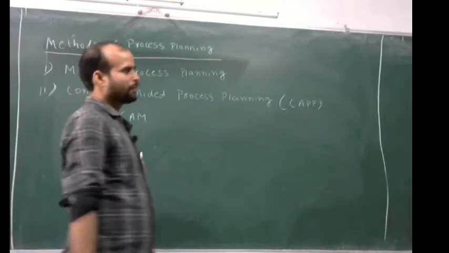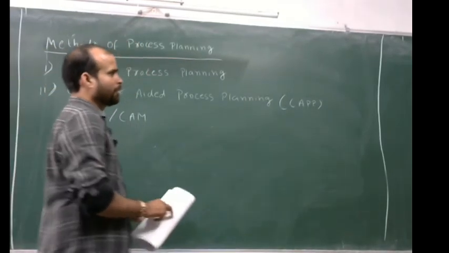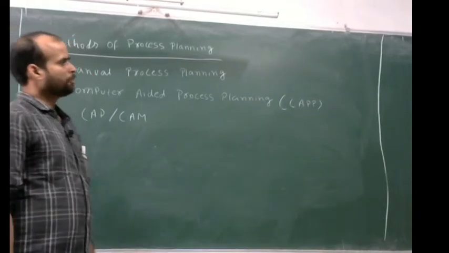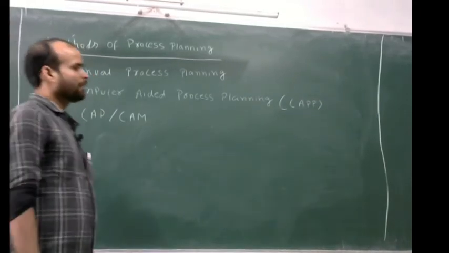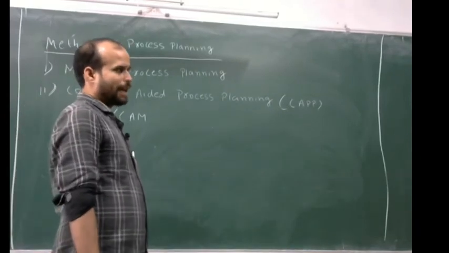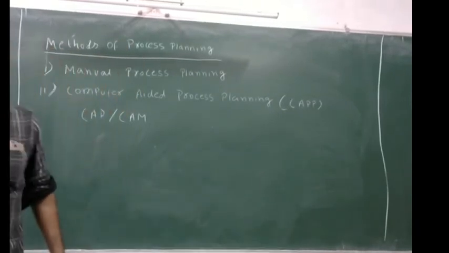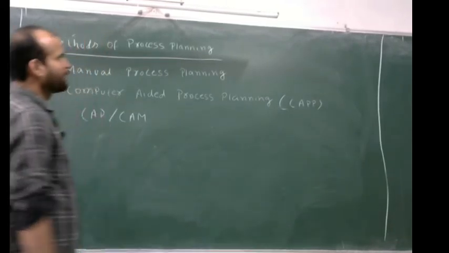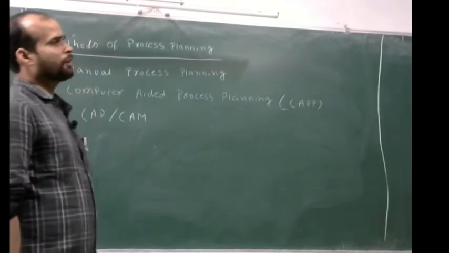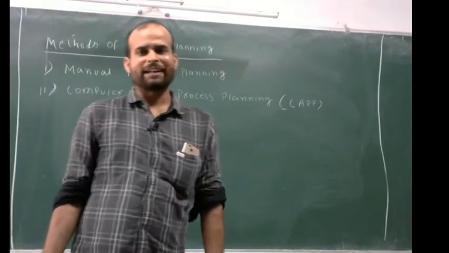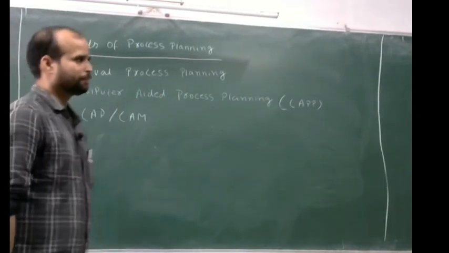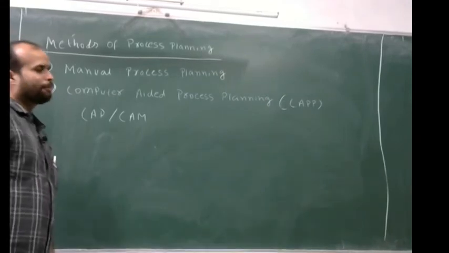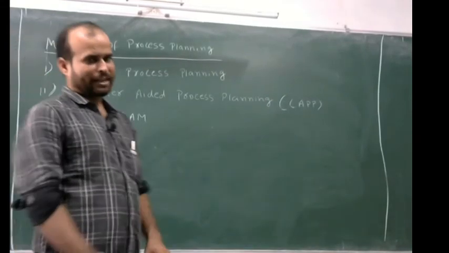Now you are in third year. When you go to 7th semester, you will see CAD CAM as a whole as one subject. CAD stands for computer aided designing and CAM stands for computer aided manufacturing.